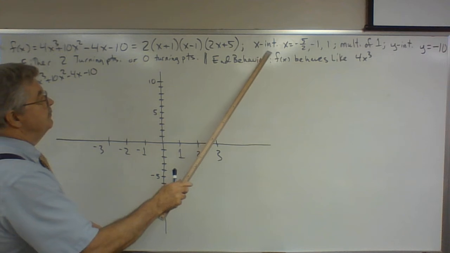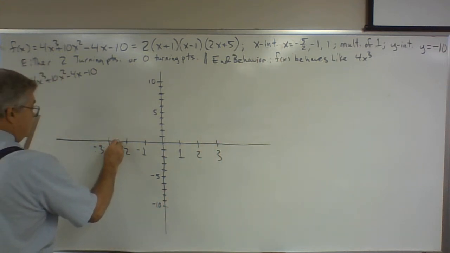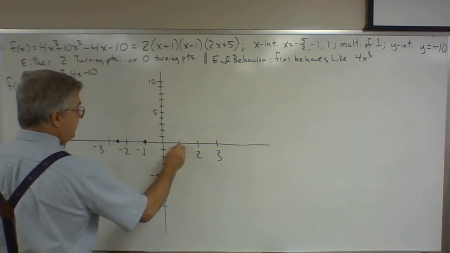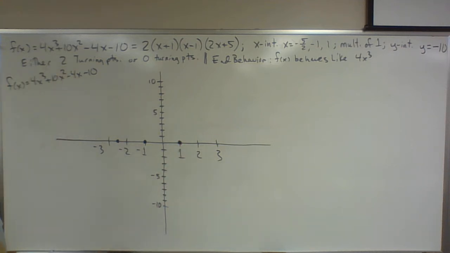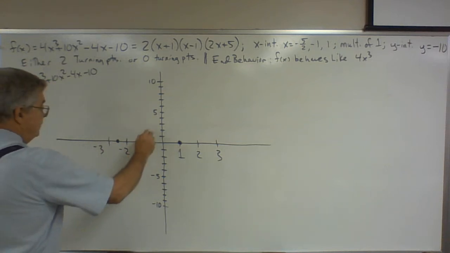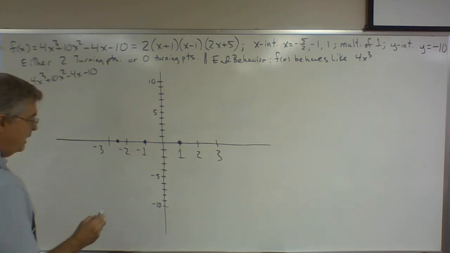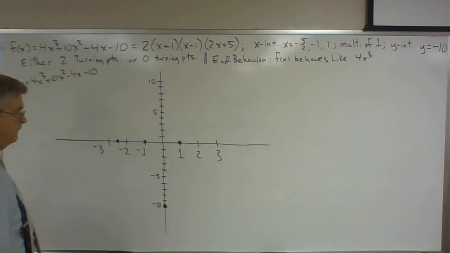And the x-intercepts: x equals negative 5/2, so that's 1 right there. X equals negative 1, there's another. X equals positive 1, that's the last one. They all have multiplicity of 1, which means the graph crosses the x-axis at each x-intercept. The y-intercept is negative 10, way the heck down here.